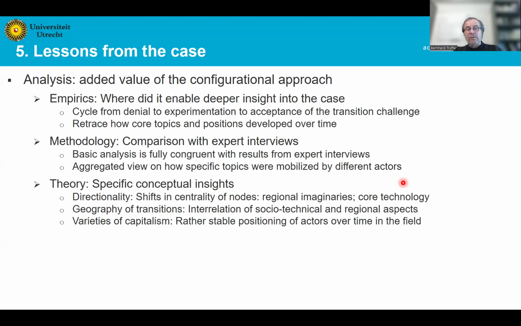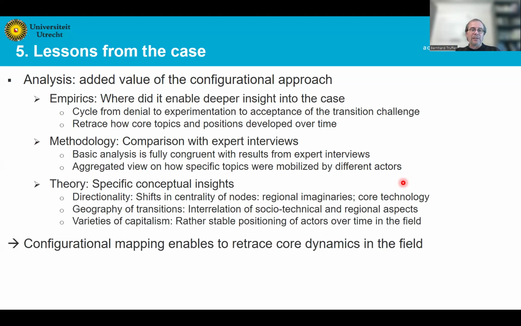In terms of the geography of transitions, we can interrelate socio-technical and regional aspects in a coherent framework. And as I alluded to already before, varieties of capitalism, we see this rather stable positioning of actors over time in the field. So essentially, this configurational mapping enables us to retrace core dynamics in the field.